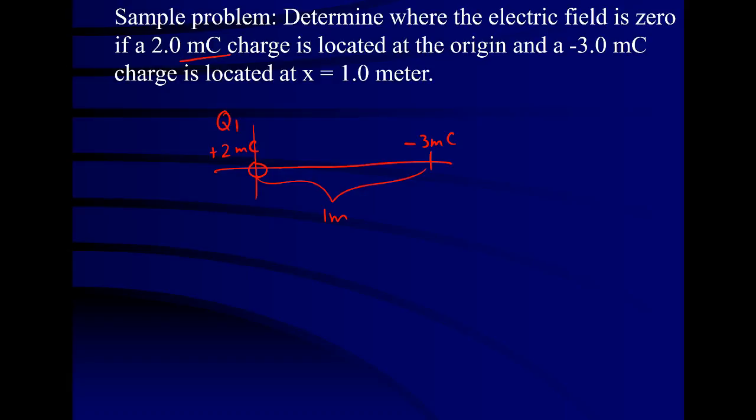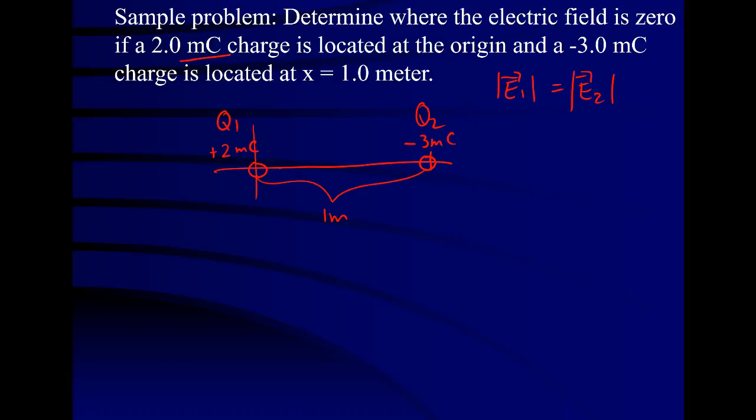Okay, so we want to find a location where the electric field is going to be zero. One thing to keep in mind is that we want the magnitude of the electric field to basically cancel. So we want the magnitude of the field from charge 1 to be equal to the magnitude of the field from charge 2.